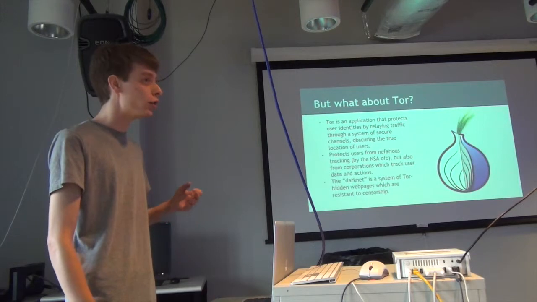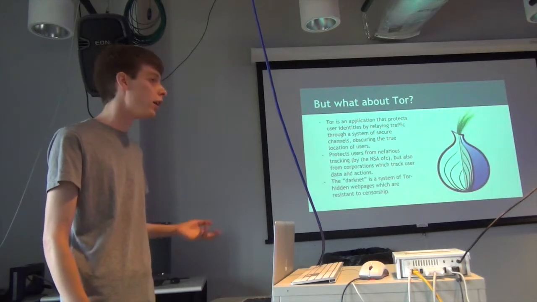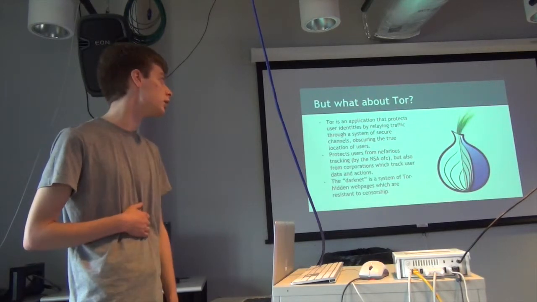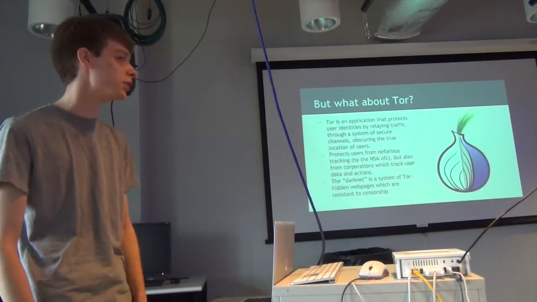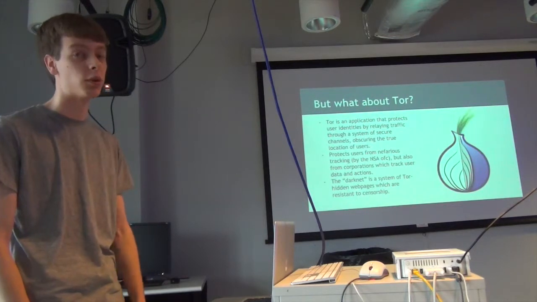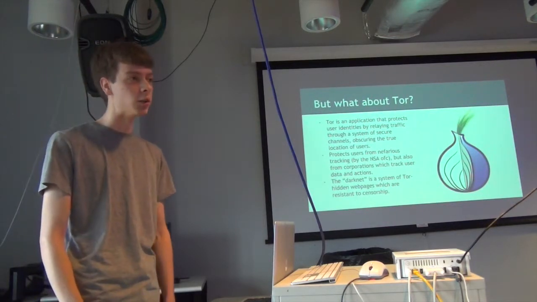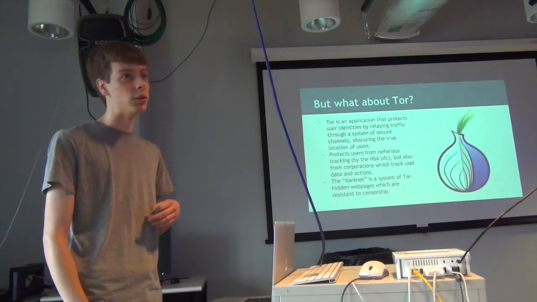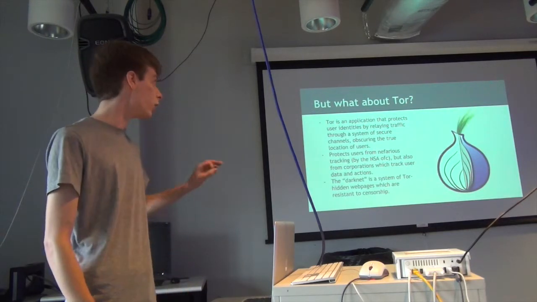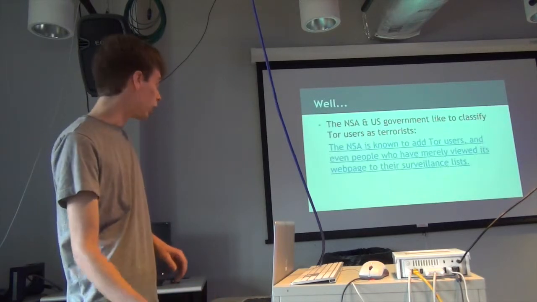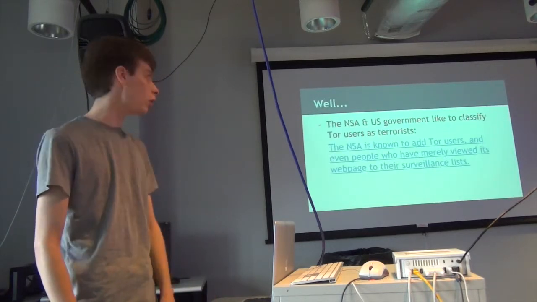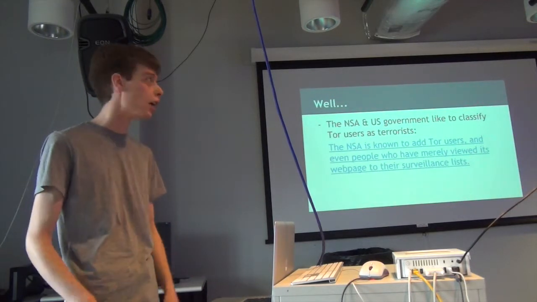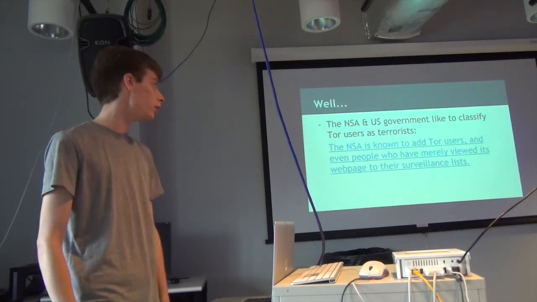The problem with using Tor to hide pages from, I guess, nefarious organizations is that the NSA considers it a terrorist program, and so they see the potential to hide child pornography, to distribute illicit content, and they don't like Tor. And so really, a lot of people who view Tor websites, or subdomains, or anything like that, get labeled as terrorists.